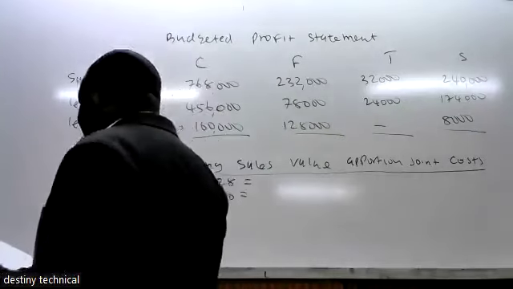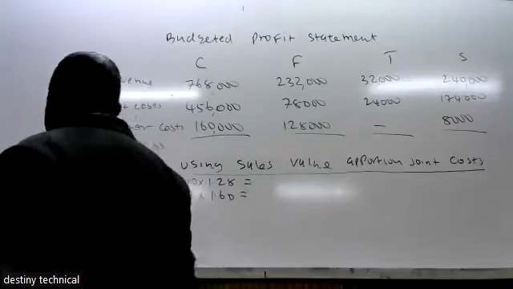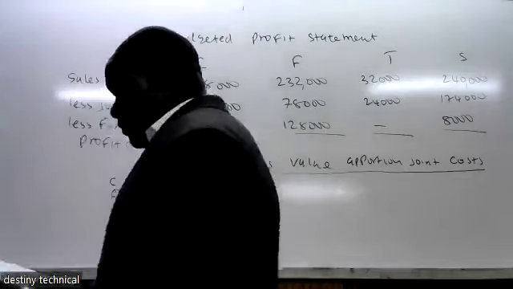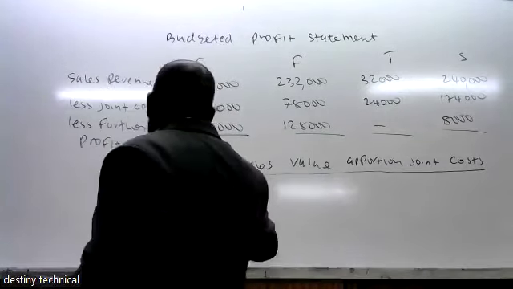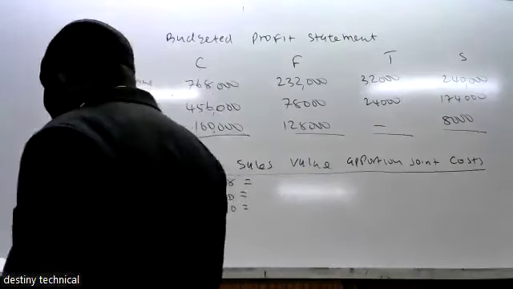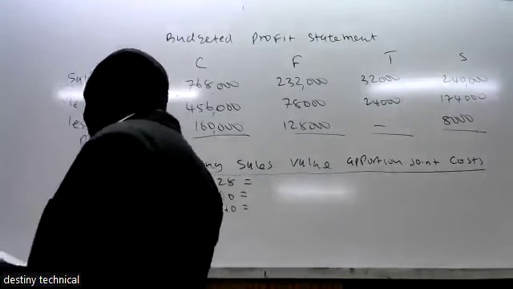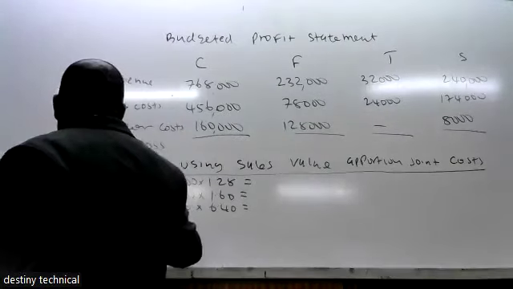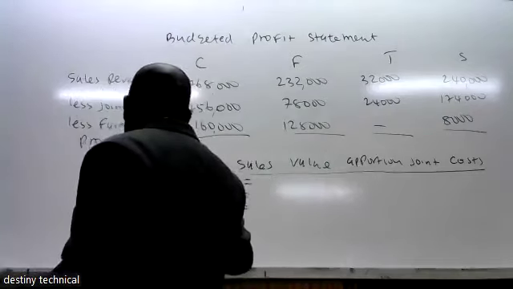The next one should be T. This 5,000 will multiply by 6.40. The last one will be S. So this one will be 9,000 multiplied by 20.